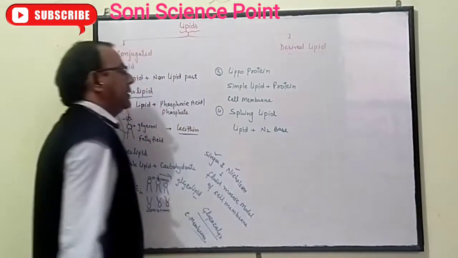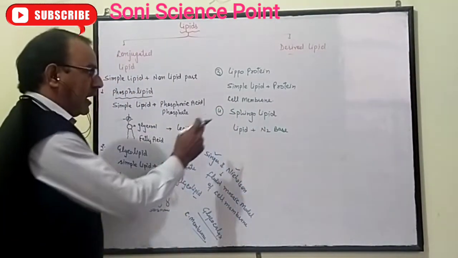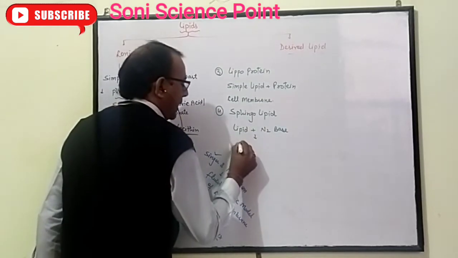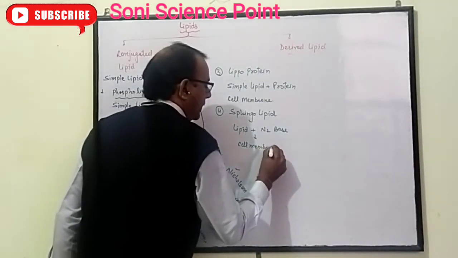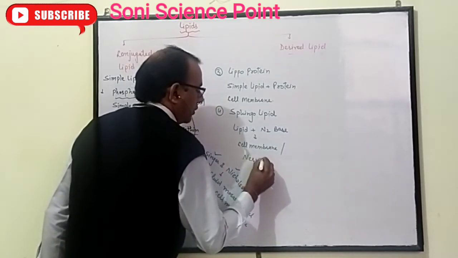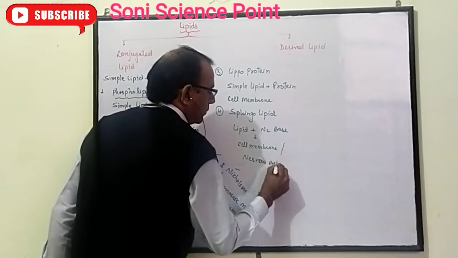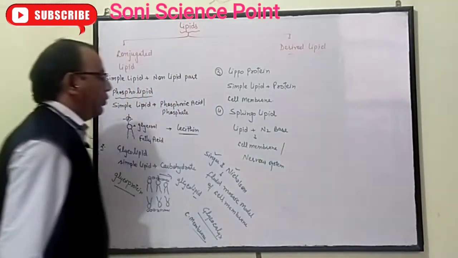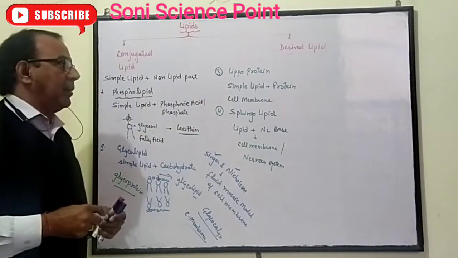That type of lipid is called sphingolipid. This is also used in the cell membrane as well as the nerve tissue or nervous system. So these are different types of conjugated lipid.